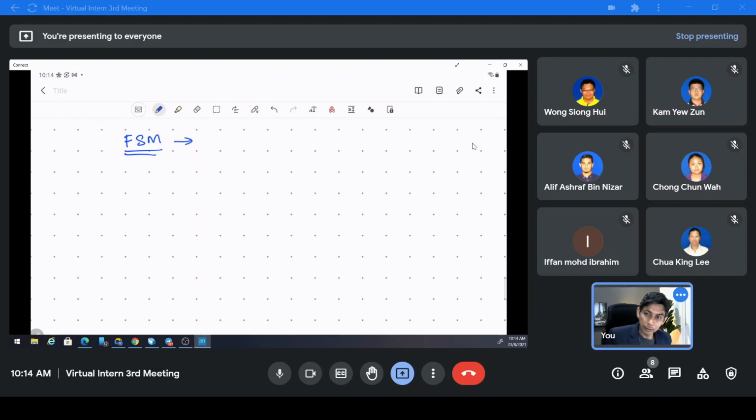I think the detailed theory you have learned already, so we just do the revision and go straight away to the example. So I have the example here. Let me open this.